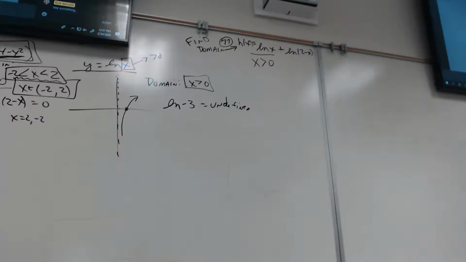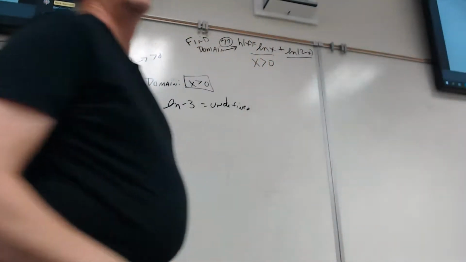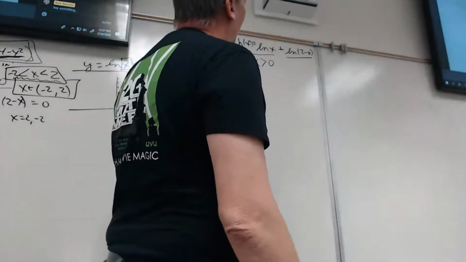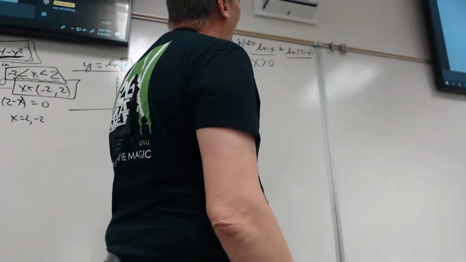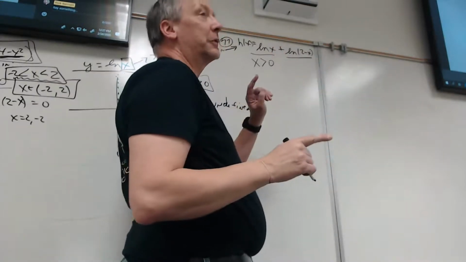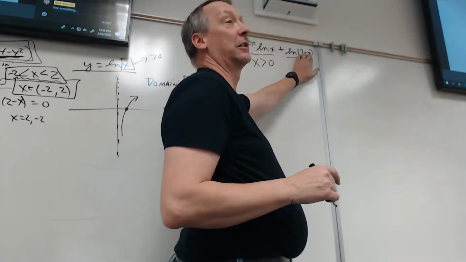Now let's talk about this piece for a minute. What would be the domain of that, Rory? x can equal 2... not 2. Okay, so you're treating that like an equals, right? But 2 is not the only thing.